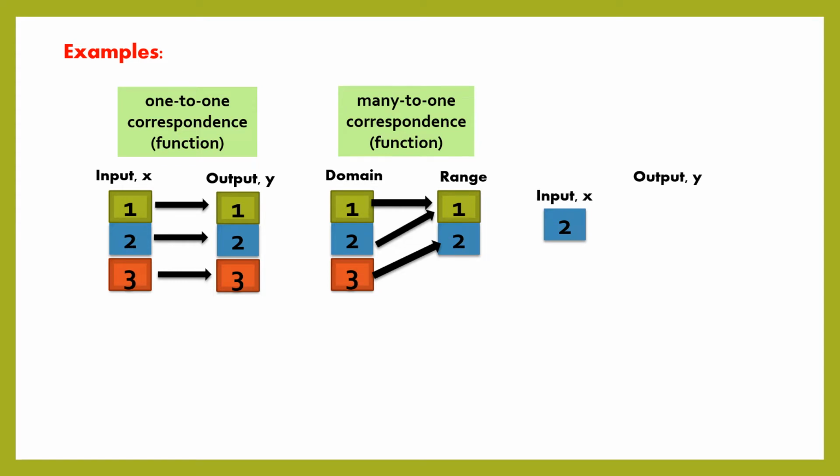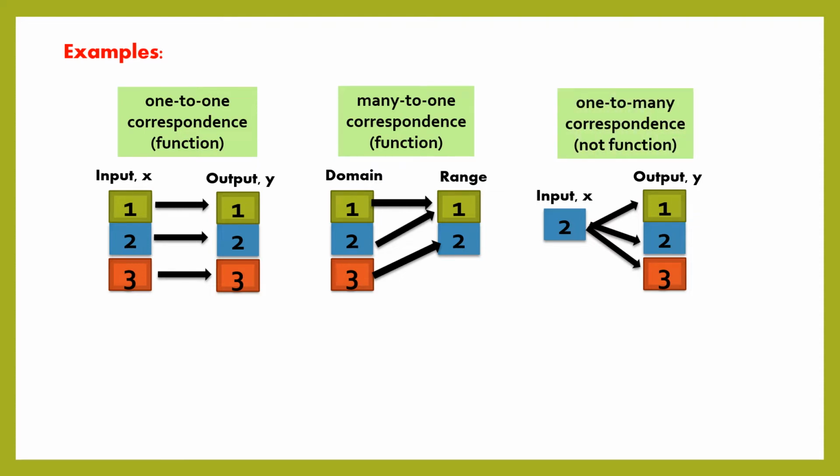Look at the last example. 2, that is the input or x. Ang output or y natin ay 1, 2, 3. So 2 corresponds to 1, 2 corresponds to 2, and 2 corresponds to 3. So this is one-to-many correspondence. This is not function.